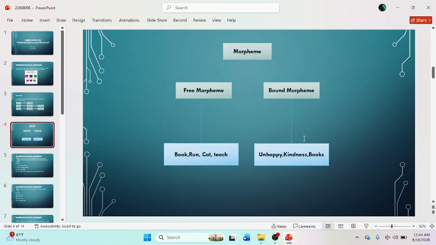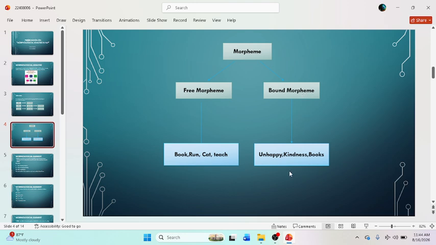In this slide, I'll discuss the types of morphemes. There are two types of morphemes. One is free morpheme, another is bound morpheme. A free morpheme can stand alone as a word. Examples: book, run, cat, teach. Next is bound morpheme. A bound morpheme cannot stand alone.